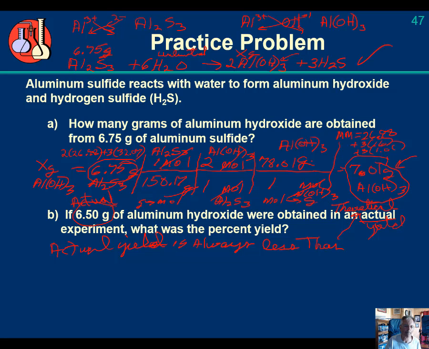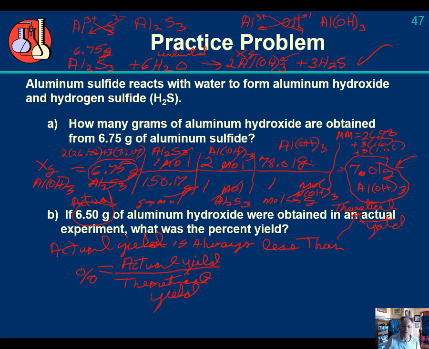Okay? So what we want to do is we want to determine, well, how good is my reaction? How far did my reaction go? So what we do is we take that actual yield that I got from the experiment in the lab, and I divide it by what I calculated as my theoretical yield. So theoretical yields are always calculated yields.